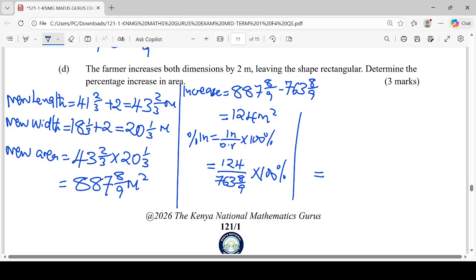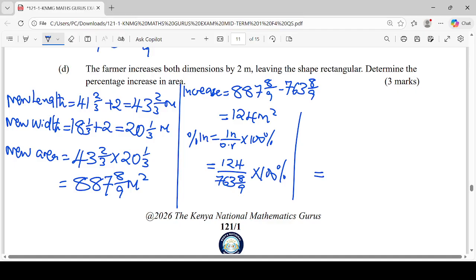I'm doing the computation, learners. Make sure to use your calculator for higher degree of accuracy.